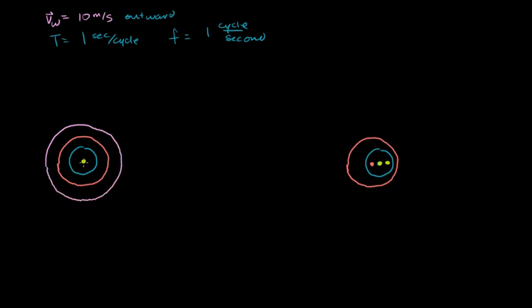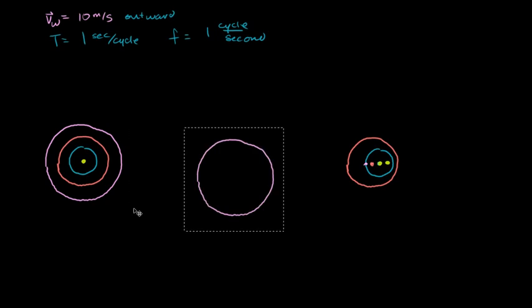This guy's been stationary the whole time. But what about this guy? Well, he wasn't here 3 seconds ago. 1 second ago he was here, 2 seconds ago there, 3 seconds ago there. So it's going to be 30 meters radially outward from this point. So once again, I can just copy and paste this right here.